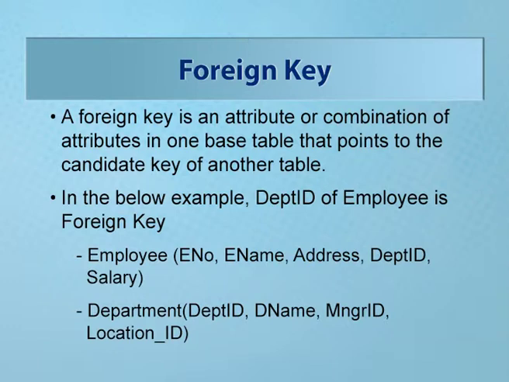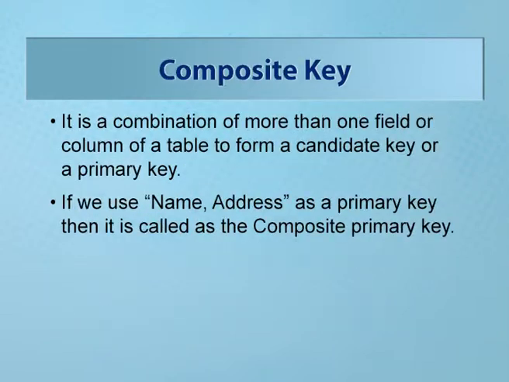You have a separate relation for the department. Whenever the department ID changes, the field existing in the employee table reflects the same change. In that way we can induce the referential integrity constraint in the form of a foreign key.